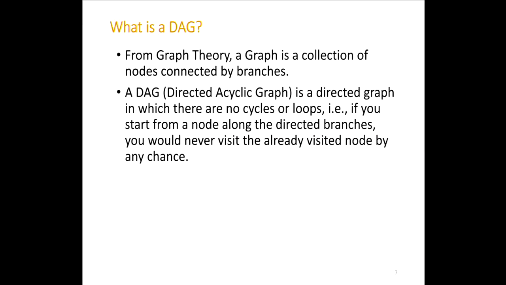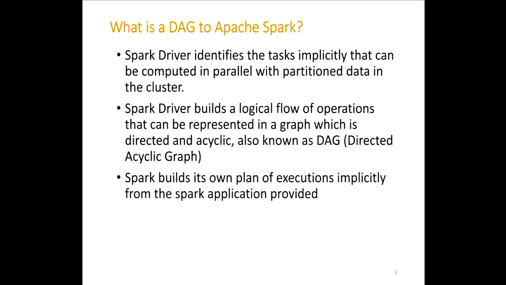So this is roughly what a DAG is, but what does it mean for Apache Spark specifically? As we mentioned last lecture, the Spark driver identifies the tasks. When you create your application, the Spark driver looks at your code and identifies the tasks that can be computed in parallel.